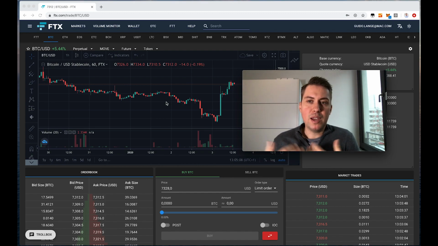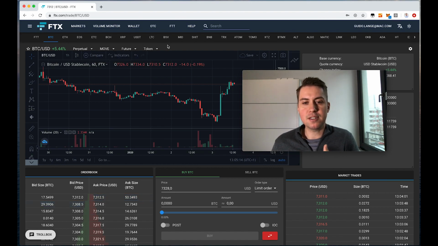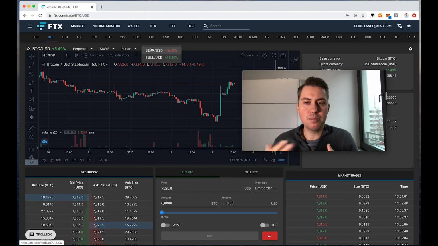But as you get more familiar with it, you can start to test out all these other contracts as well. And they work basically the same. It's just that they are developed to have some special price relationship. So it really depends on your trading style when you want to use it.